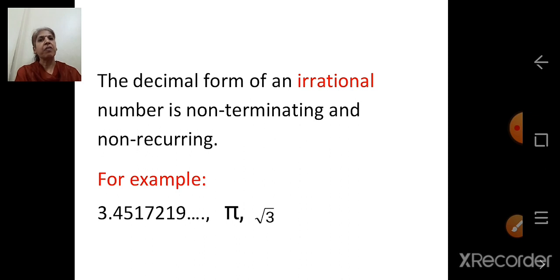Numbers which are perfect squares, their roots are rational. Root 5 is irrational. Root 6 is an irrational number. Root 7 is an irrational number. Root 8 is an irrational number. What about root 9? Square root of 9 is 3. So root 9 is a rational number. Remember that the decimal form of an irrational number is non-terminating, non-recurring.